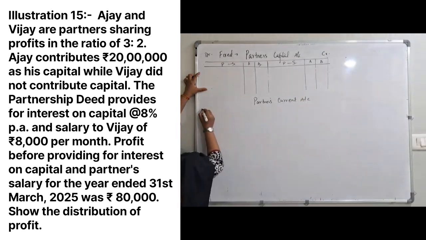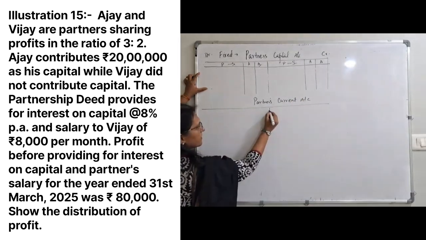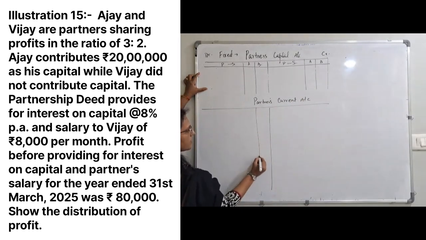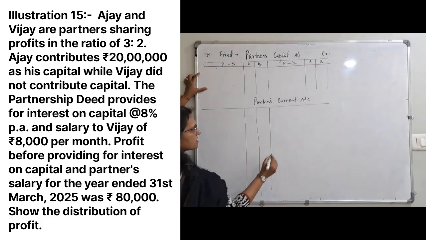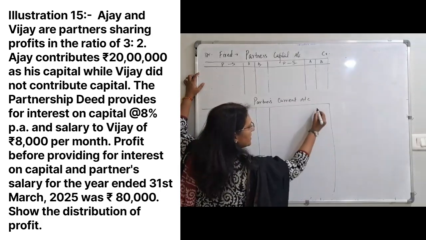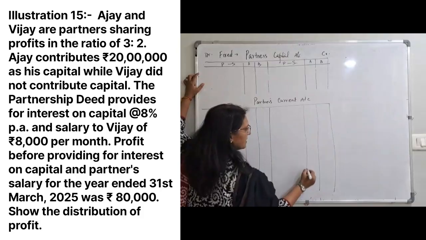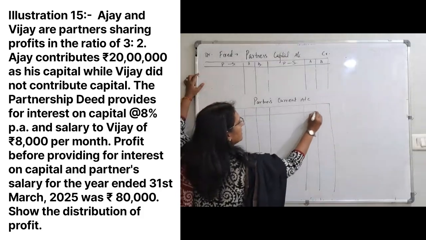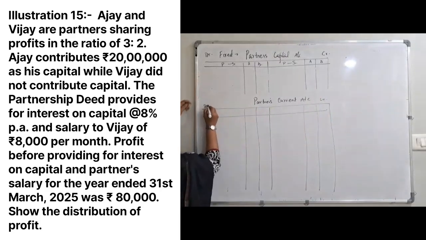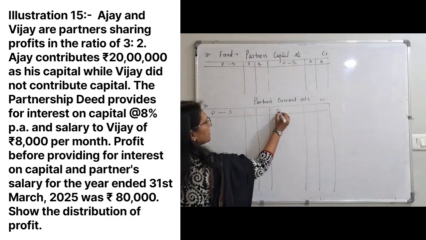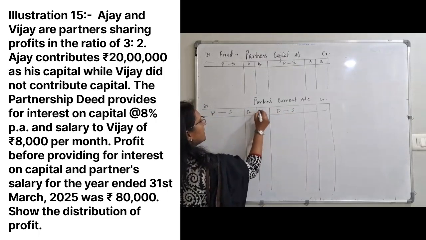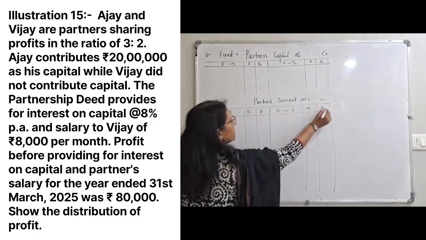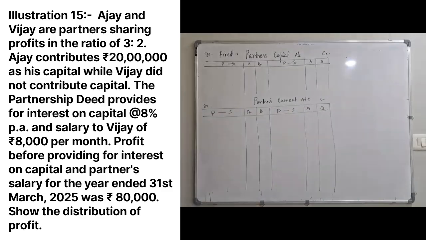This will be a little bigger because all the rest of the things will be in this. Credit and debit, again particulars, A and B. Write them. Draw this format.